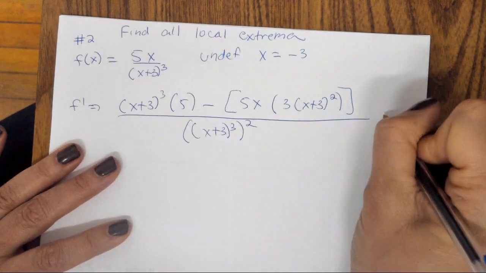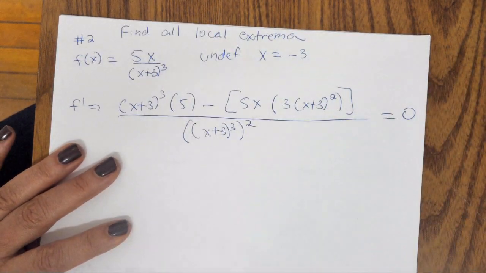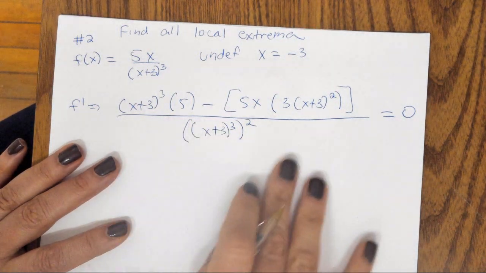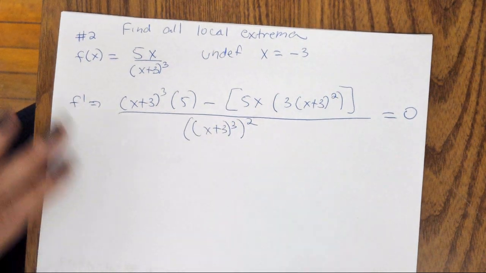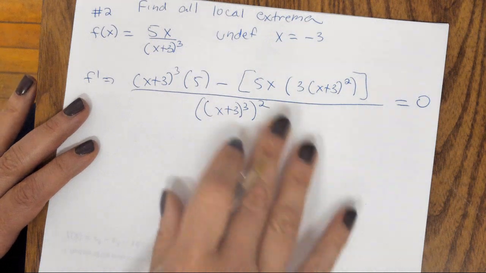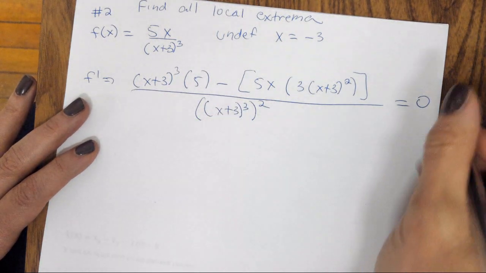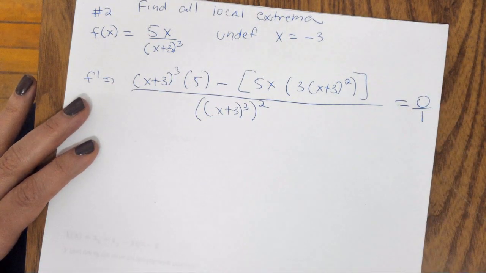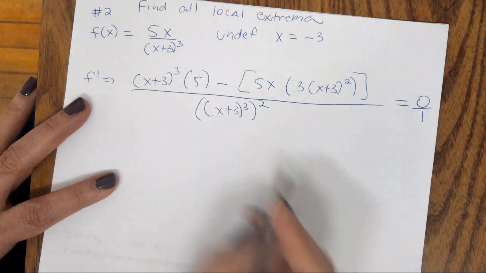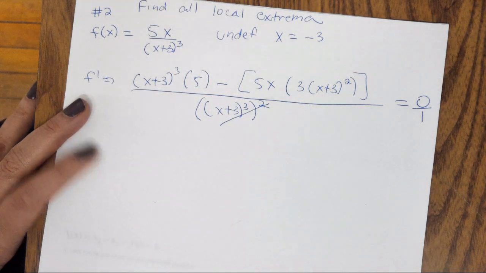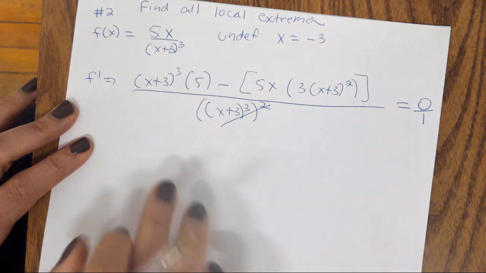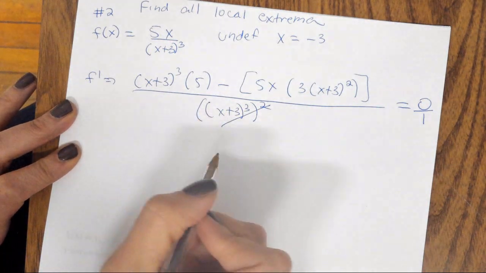And we're taking our derivative and setting it equal to 0. Well, this looks like it's going to be a lot of work, but let's see what happens. When I have a fraction equal to 0, I could put 0 over 1, and I can cross multiply. So I do not have to worry about this denominator. I have this whole numerator equal to 0.